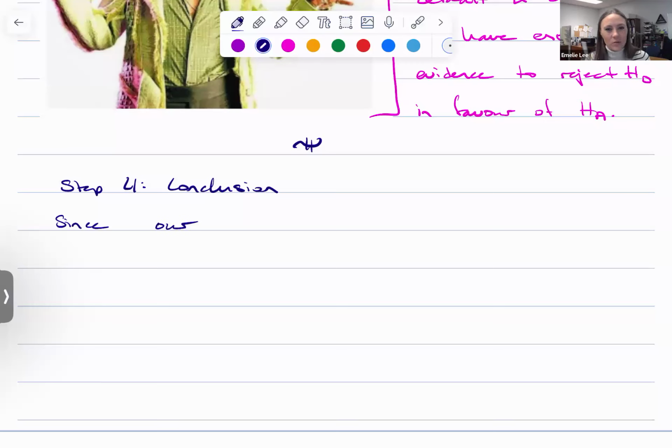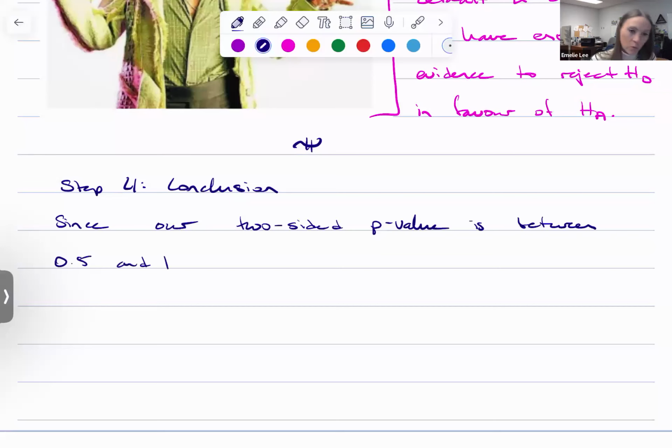So since now this is where you want to really show off all the things that you know, right? We're not going out of our way to find anything. I know I have a two-sided p-value, and I know what the range is for it, and so why not write that down? So since our two-sided p-value is between 0.5 and 1.